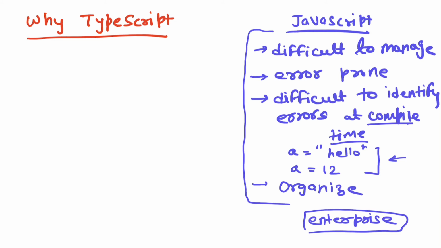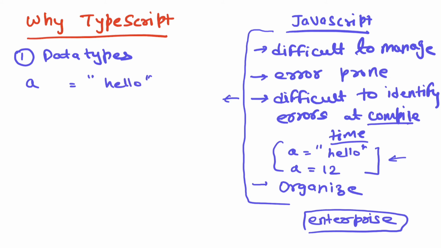Now all of these shortfalls are covered within TypeScript. So how does TypeScript solve all of these problems? First of all, TypeScript has support for data types. If you have defined a equal to hello, you can say that it is of type string, and if you try to do a equal to 12, it will give you an error.